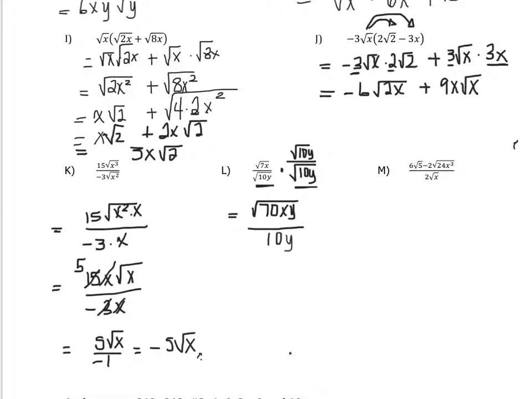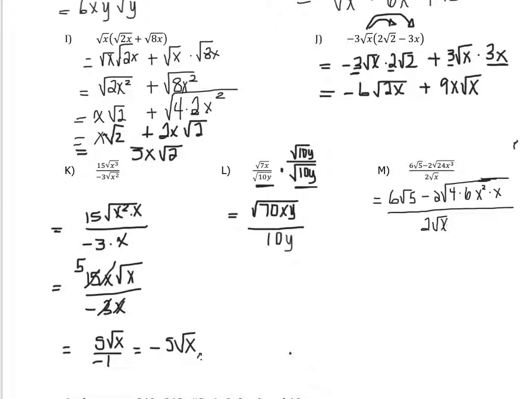So the next one there, we did do ones like this before where we separated the numerator over the same denominator, but I just tried that one quickly, doing it that way, and it was a little bit long. So we're just going to take this one as it is and leave it as 6 root 5 minus 2, and 24 has a perfect square factor of 4, so 4 times 6 is 24, and x squared times x would be your perfect square factor x squared of x cubed, all over 2 root x.